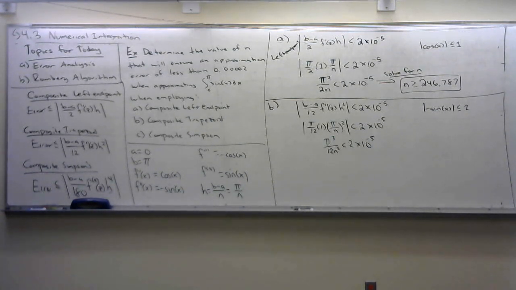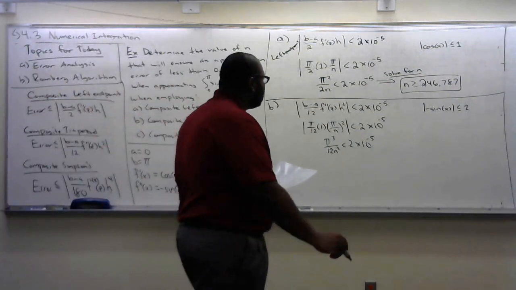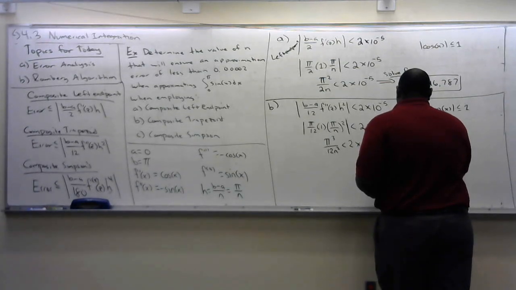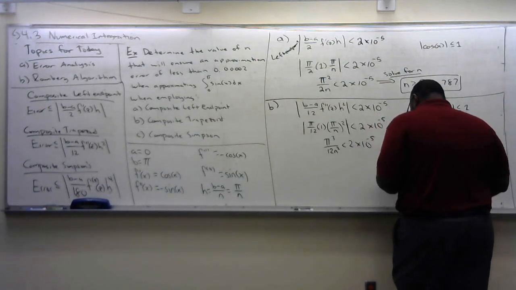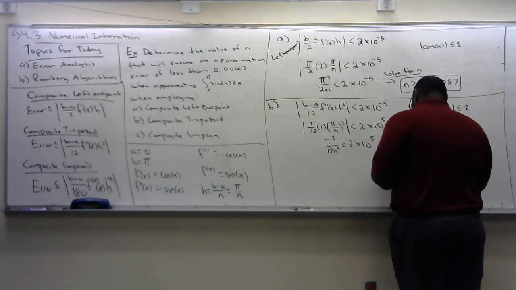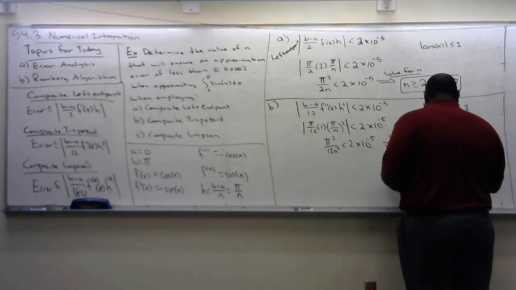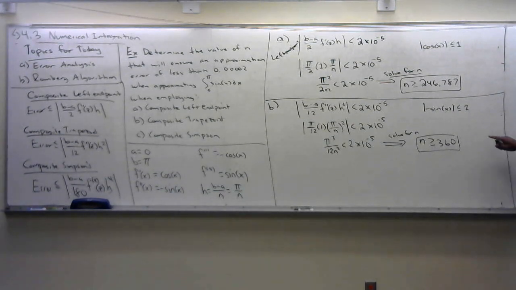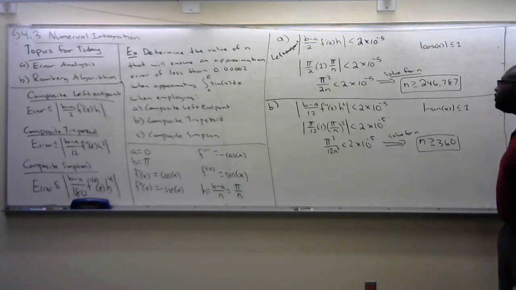And when I did this one, I was also able to solve this in my calculator for n. I got n has to be greater than or equal to 360. That is a lot fewer subintervals, I have to tell you. That's like night and day. This is a huge difference.